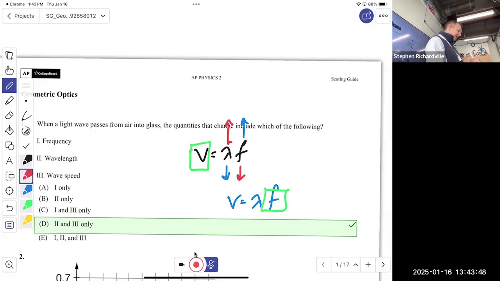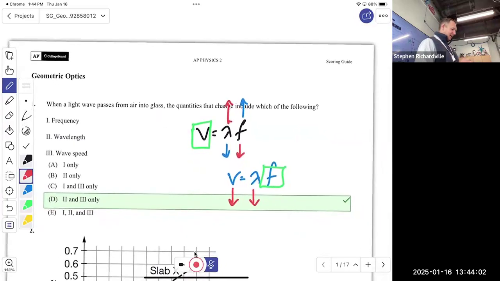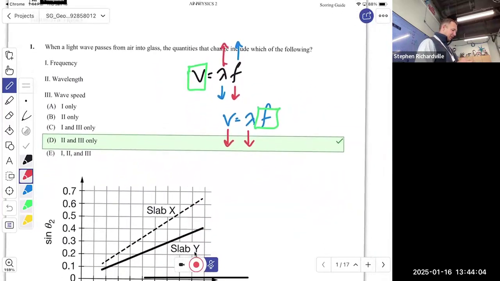So then as this goes down, this goes down. Is that okay? So frequency is what's constant as I go from one material to another.